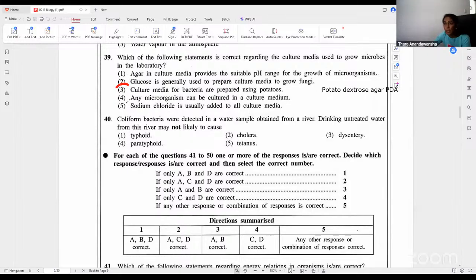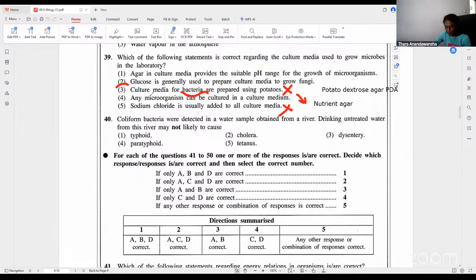Let's go to number 3. Culture media for bacteria are prepared using potatoes? No. Write down this one. The culture media for bacteria, we call it nutrient agar, which is made up of beef extract. So here it is nutrient agar. And sodium chloride is added to all culture media. No, some culture media we don't need to add sodium chloride, right?